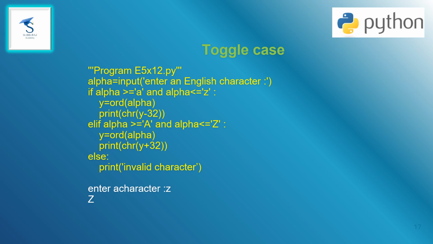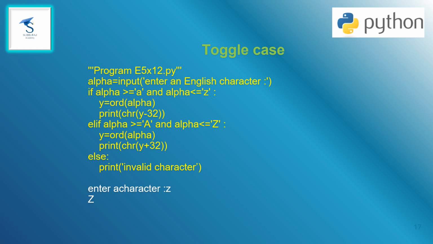Elif, if the alpha is not lowercase a to lowercase z, so it must be an uppercase. So elif alpha is greater than or equal to uppercase A and less than or equal to uppercase Z, meaning it is an uppercase letter.